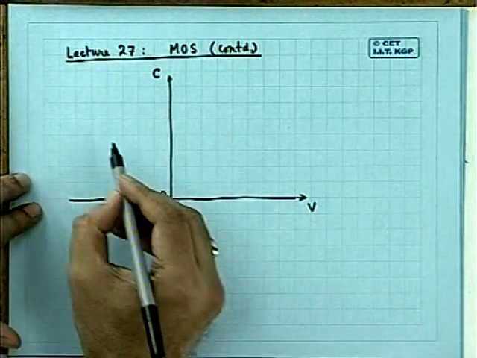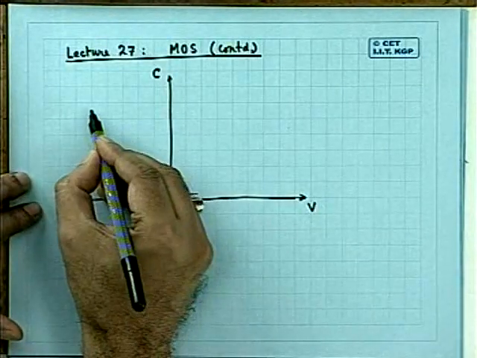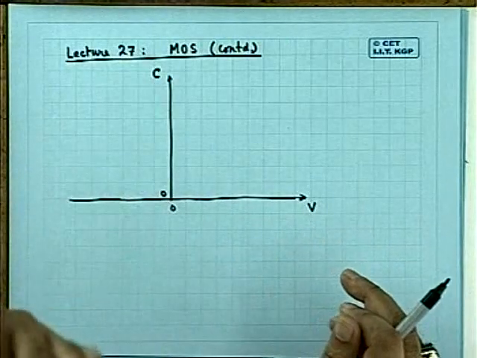As I told you, if you consider the equations which you derived in the class, where I have derived an expression for CD, the capacitance of the depletion layer, or you can call it a semiconductor surface induced capacitance. And also you know what is CI. CI is the insulator capacitance, all per unit area.